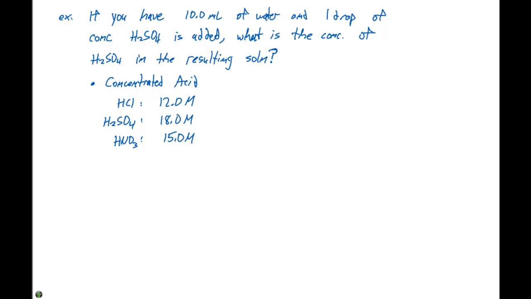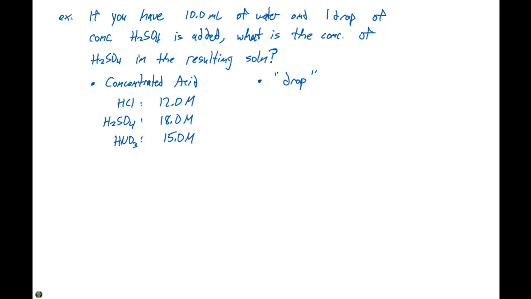And you're going to find that as we progress later through some of the chapters in our book, by varying the concentration of these acids, we're going to see a vast difference in their reactivity and the properties of their resulting solutions. Another thing that we need to recognize is the term drop.